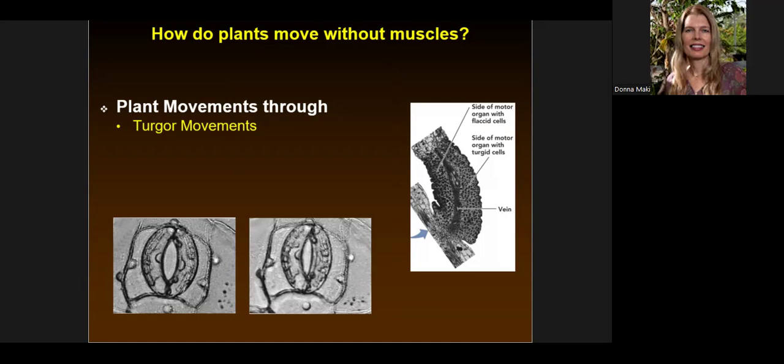Then if the plant's like, you know what, I need to open my stomata, then they create a condition where water rushes in to the guard cells. And as that happens, it starts to press against the cell membrane and cell wall, all that water pressure. And that's what's actually causing the guard cells to bend away from each other and reveal the pore.